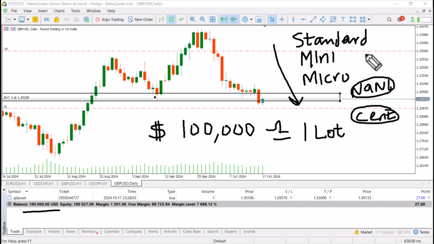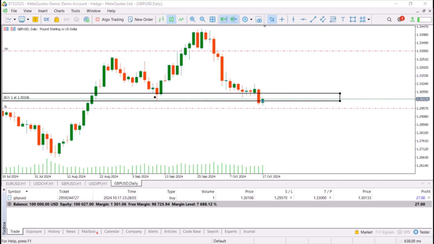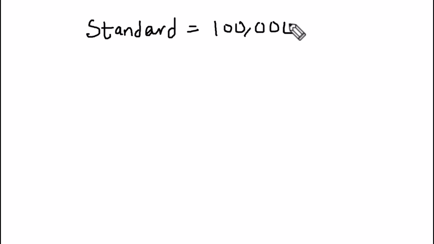Now let's explain this standard, mini, micro, nano. I think we need to explain that. Let's go to our whiteboard. So we have standard account. Standard account right here means this is an account whose value starts from $100,000.